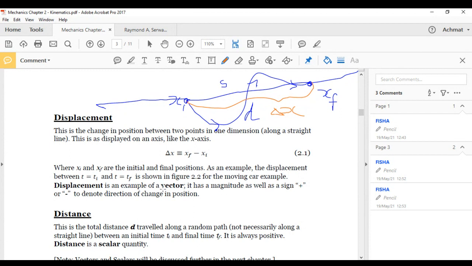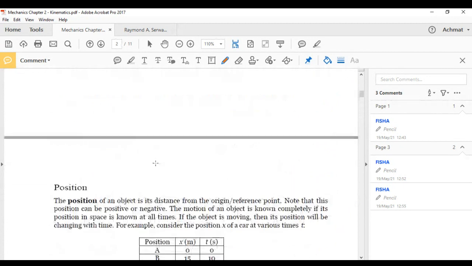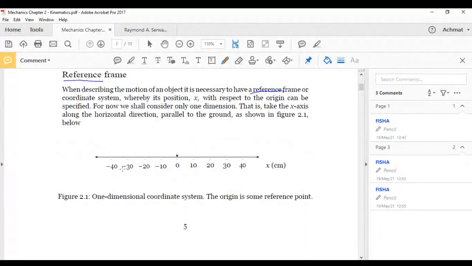What we just need to know for the moment is that a vector quantity is a quantity for which the magnitude and the direction are important. One way to indicate the direction is to have an arrow, or alternatively, as you can see on the axis we showed earlier, from the reference position you can have positive and negative values.